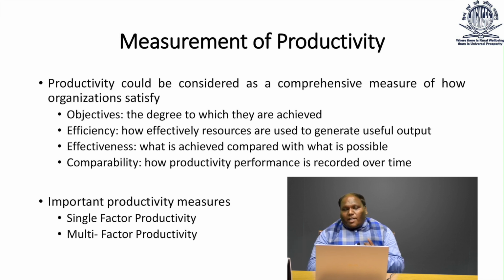In terms of objectives, first we have to define our objectives, why we are measuring productivity. What is the degree they have to achieve? What is its benchmark? This has to perform up to this extent. So what are we expecting? That is to be decided.